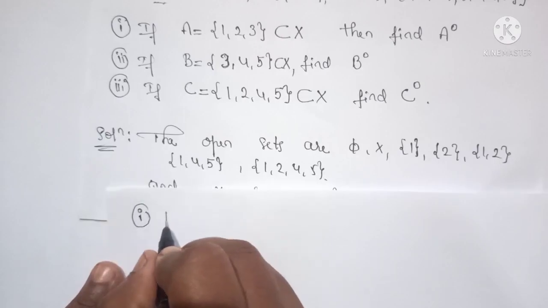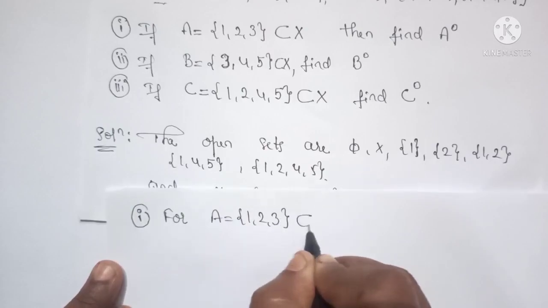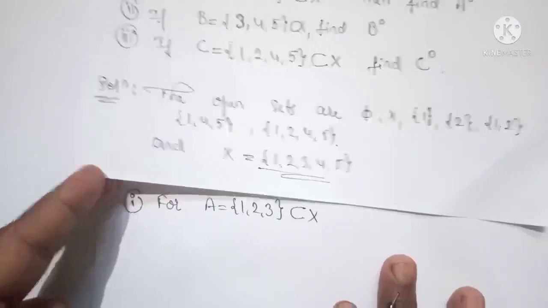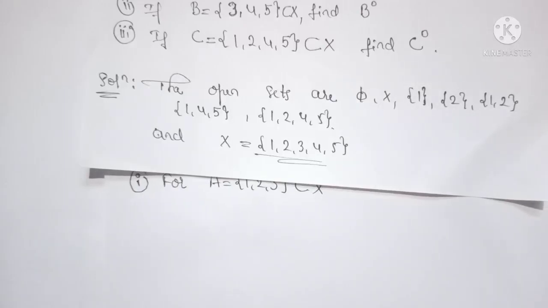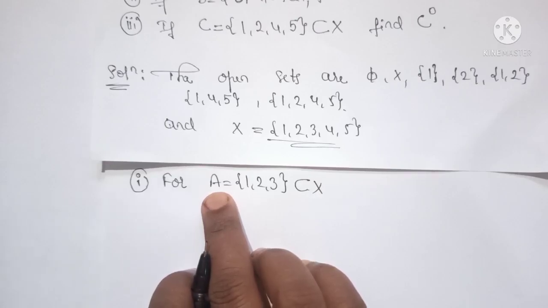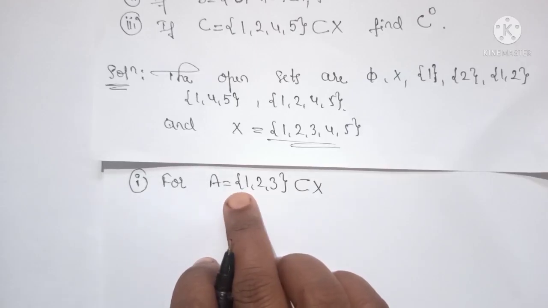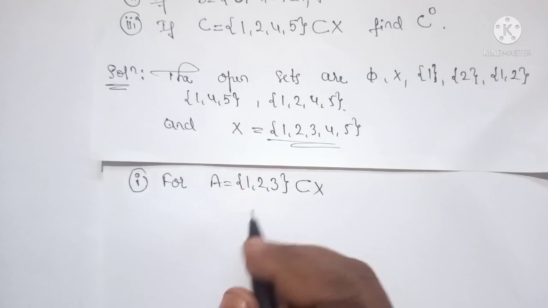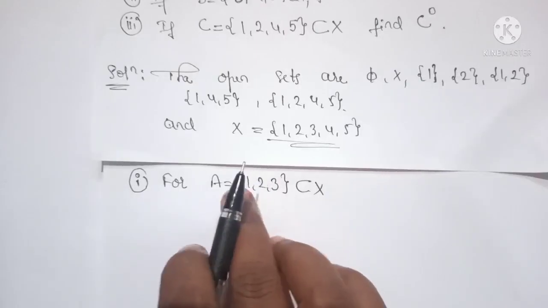First one, for A equal to {1, 2, 3}, which is a subset of X. From the definition we have learned that A interior is the union of all those open sets which are contained in A, which means which are subsets of A. Now we observe all the open sets which are subsets of this set A, because we need to find the interior of A. Now you find the subsets of this A which are open.